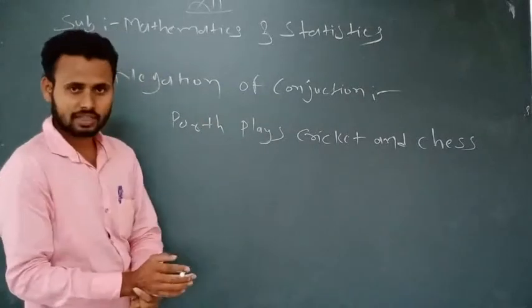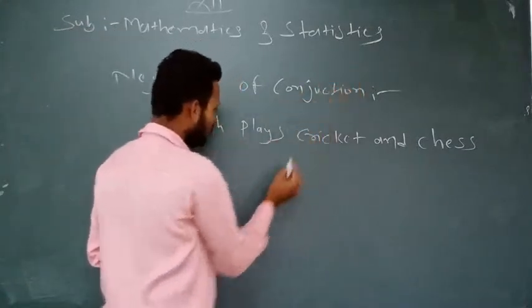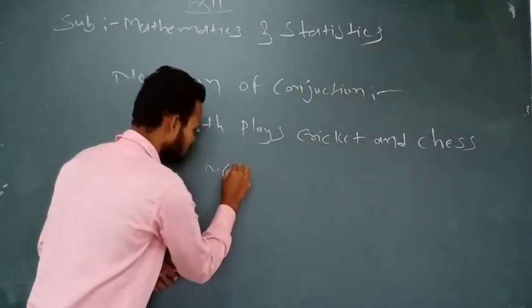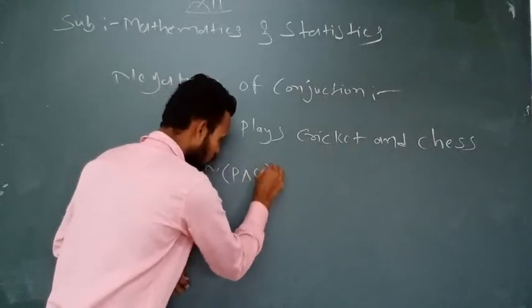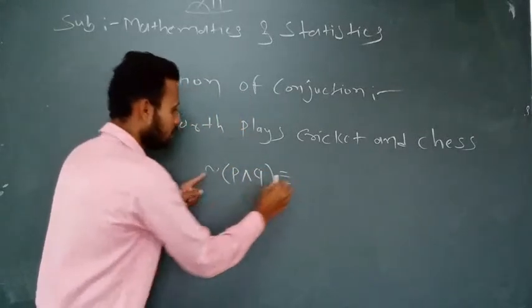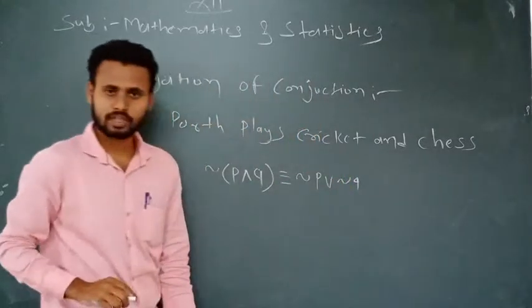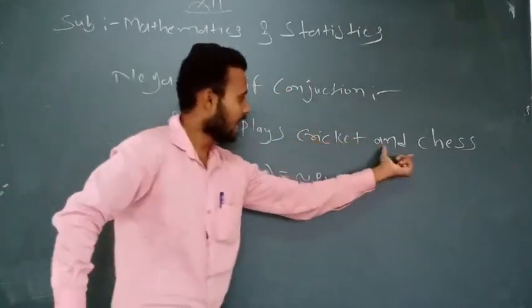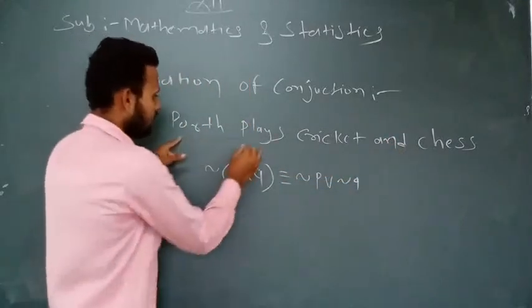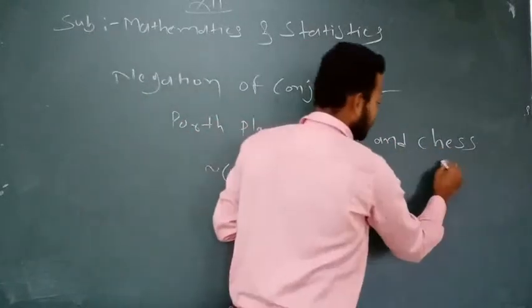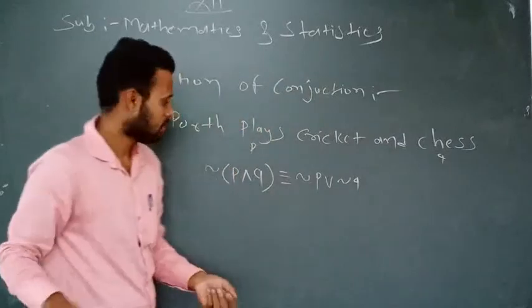Now we know that negation of conjunction is the disjunction of their negations.